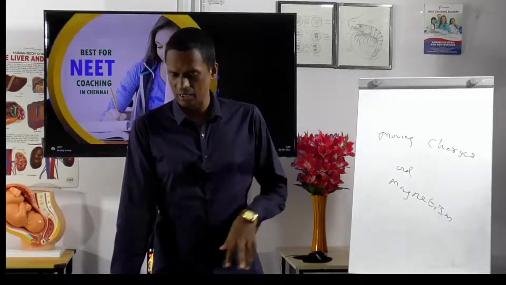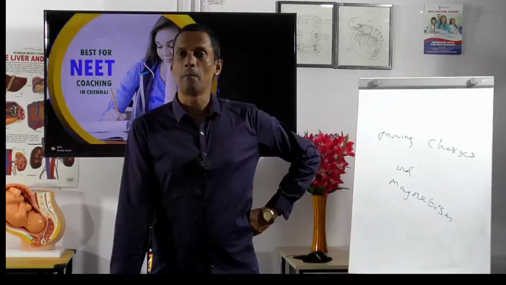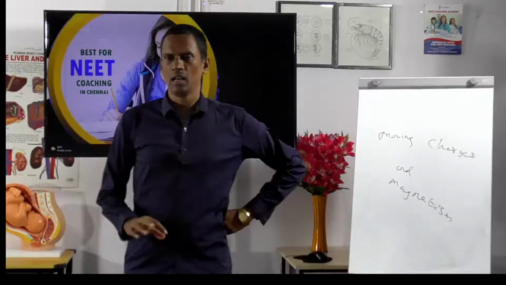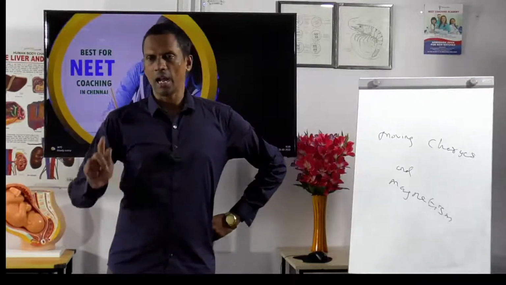Now comes the cyclotron. What is the purpose of cyclotron? Acceleration of particles. Any particle you take, I have to accelerate it to a specific velocity and maintain that constant velocity.